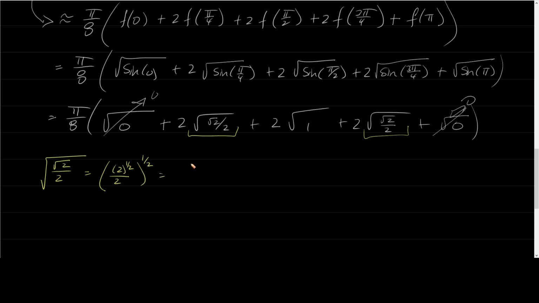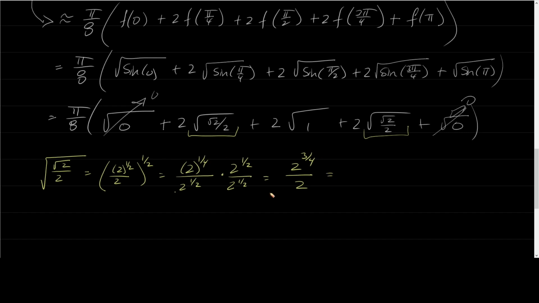So this is really saying 2 to the 1/4 over 2 to the 1/2. If I want to rationalize this, I need to multiply by 2 to the 1/2 over 2 to the 1/2, which gives me on the bottom just 2, and on the top 2 to the 3/4. Just add the exponents: 1/4 plus 1/2 is 3/4. So that's just that radical.